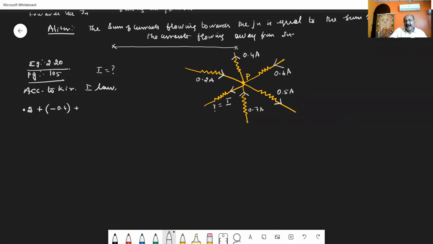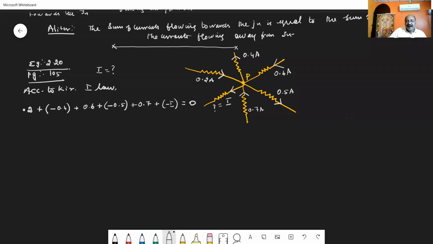In the third one, 0.6 ampere is flowing towards, so plus 0.6. Then 0.5 ampere is flowing away, so in the bracket, I am putting minus 0.5. Then 0.7 ampere is flowing towards, so plus 0.7. I is flowing away, so minus I is equal to 0.